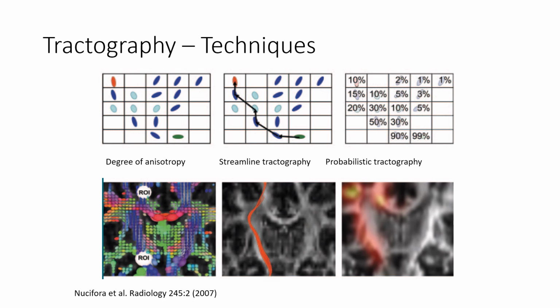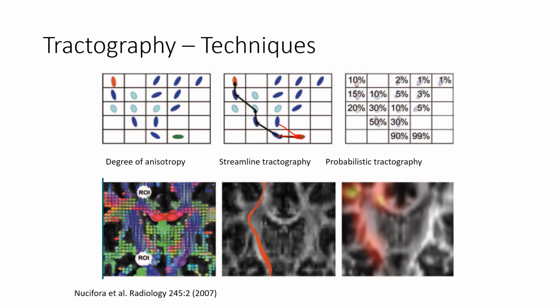It's what we call a deterministic method, because where the fiber goes next is determined based off of the underlying structure. And so this is pointing in that direction. We would set some rule saying it will go in one direction unless it has a turn of greater than some degrees. 50 degrees, 60 degrees, 70 degrees, somewhere in that range.